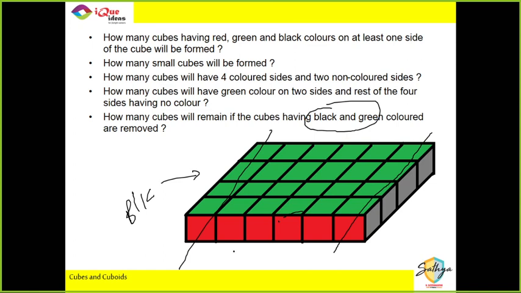It does not say only black and green. So I remove 4 from the left and 4 from the right because these blocks contain both black and green on them. So remaining बीच वाले 16 pieces हैं, count कर लो. Got it?